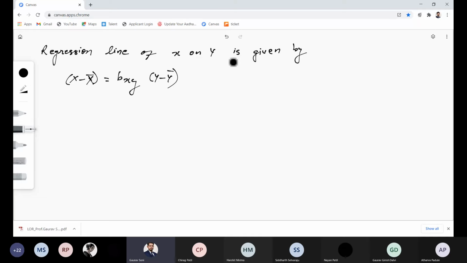So now, as the regression line is of x on y, I'm writing bxy, where bxy is equal to r into sigma x upon sigma y. And what is our r?